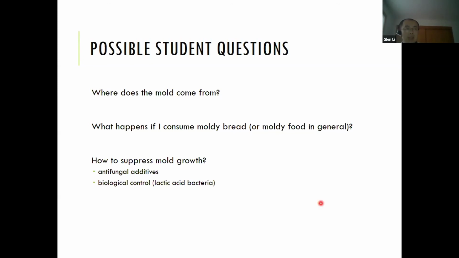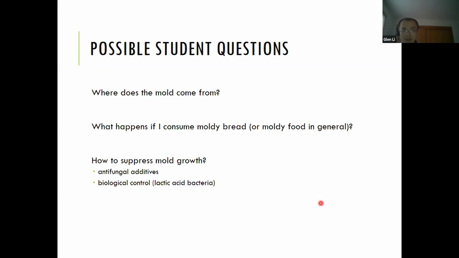Certain flavor compounds and fruit extracts can have similar effects. Examples include citrus flavor, ginger flavor, and garlic flavor. So gingerbreads and garlic breads are usually more resistant to mold growth because of those natural antifungal components.